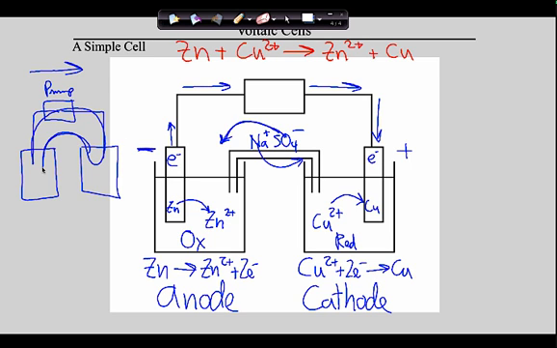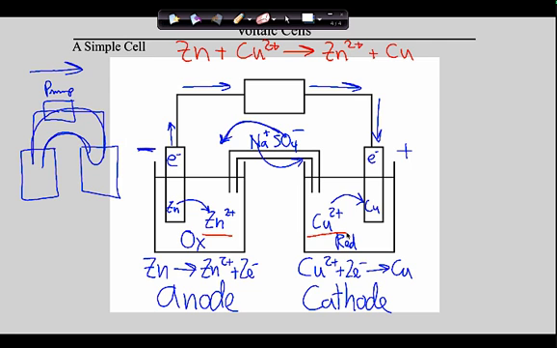Let's talk about it, and guys, we need to talk about this, so let's do this right now. So let me ask you this. What is happening to the concentration of zinc ion over time as this battery runs? It's going up. What is happening to the concentration of copper ion as this goes on? It's going down. Here's the answer to your question, Rebecca. You ready? We have a ratio, Kc, product divided by reactant.